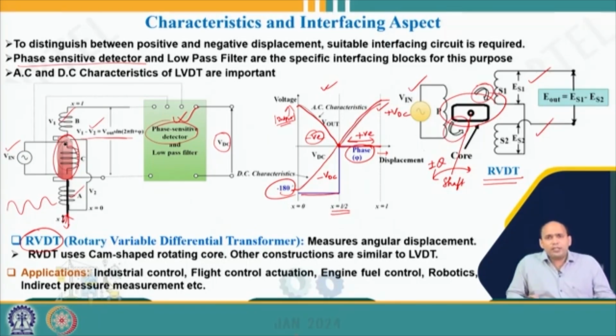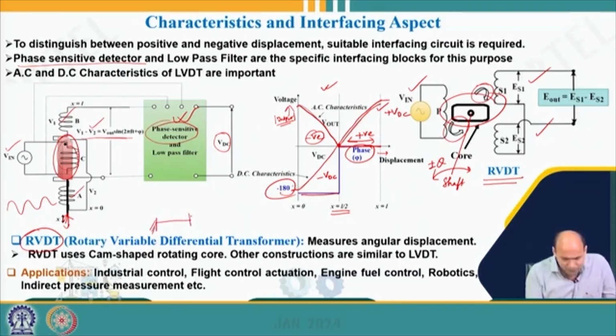Now if we don't use a strain gauge, what can I do? Suppose I have some diaphragm, or another type of pressure sensor called the bellow. When pressure is applied, it gets deflected. So I can connect this diaphragm or bellow to the core of the LVDT.